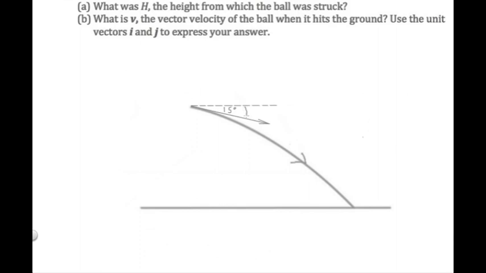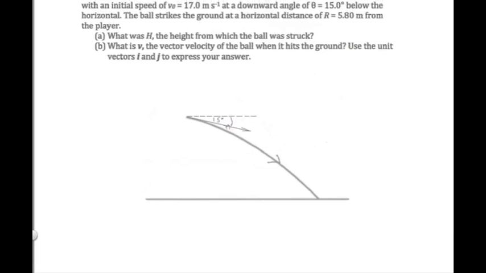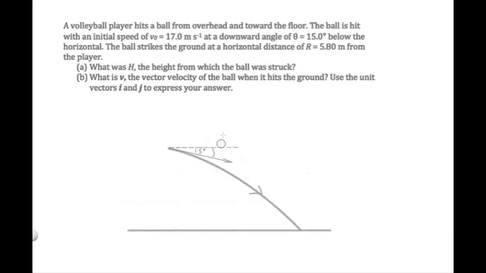It's 15 degrees between the horizontal and the initial velocity vector. Also, as discussed in the previous video, always label everything you write down. So we want to label this as our initial velocity vector. This is the symbol for the magnitude of the initial velocity vector, and we know that magnitude is 17 meters per second.